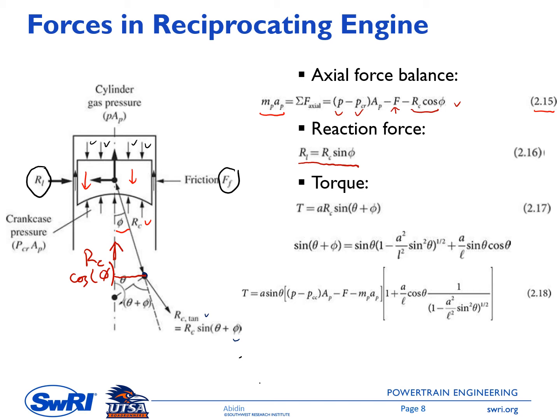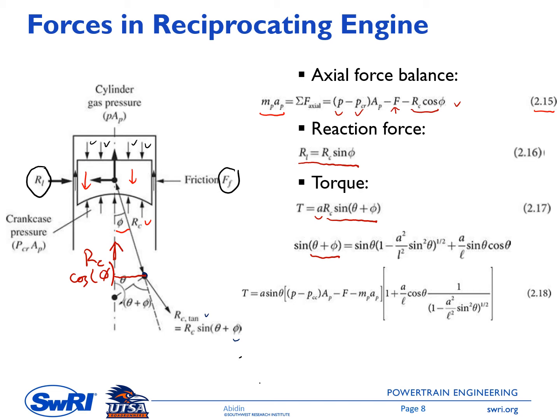Then the torque generated by the engine at the crank mechanism equals the arm length, the crank radius, times RC times sine of phi plus theta, equation 2.17. Then you can apply one of the mathematical correlations for sine of phi plus theta.